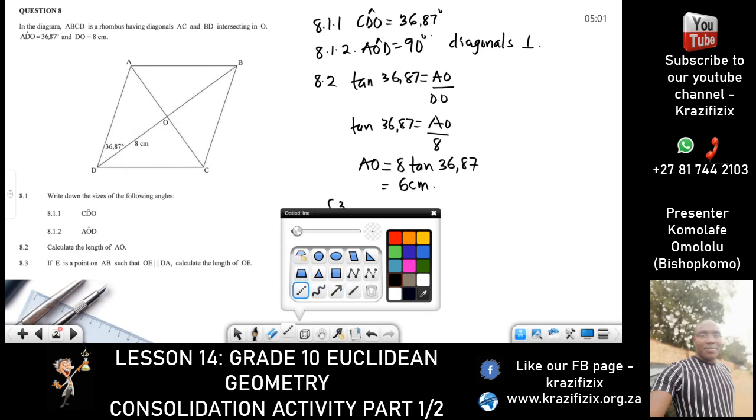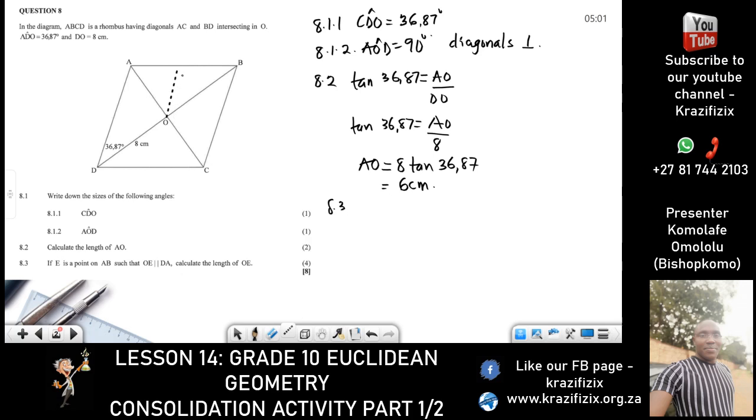Now, if E is the midpoint of AB, what you can do is construct something there, and then we can call that point E. If E is the midpoint of AB such that OE is parallel to DA, calculate the length of OE.